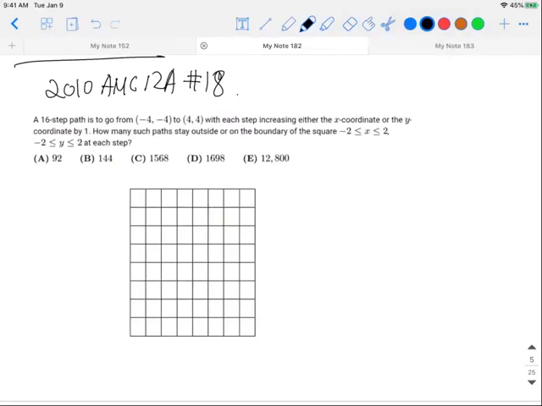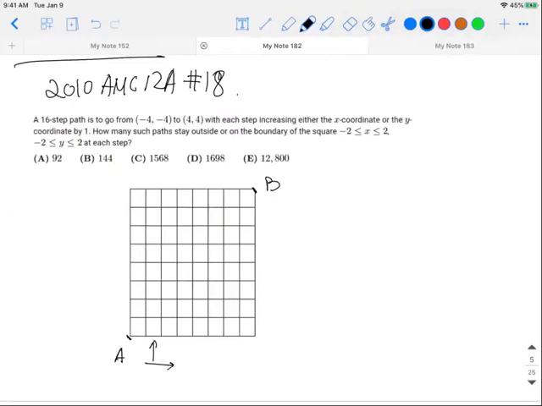The question says there is a 16-step path to go from -4, -4, all the way to 4, 4. It's kind of like a big matrix. Each step increases either the x-coordinate or the y-coordinate by 1. So basically, you're starting from here, let's say A, all the way to here, B. You can only go to the right and go up.